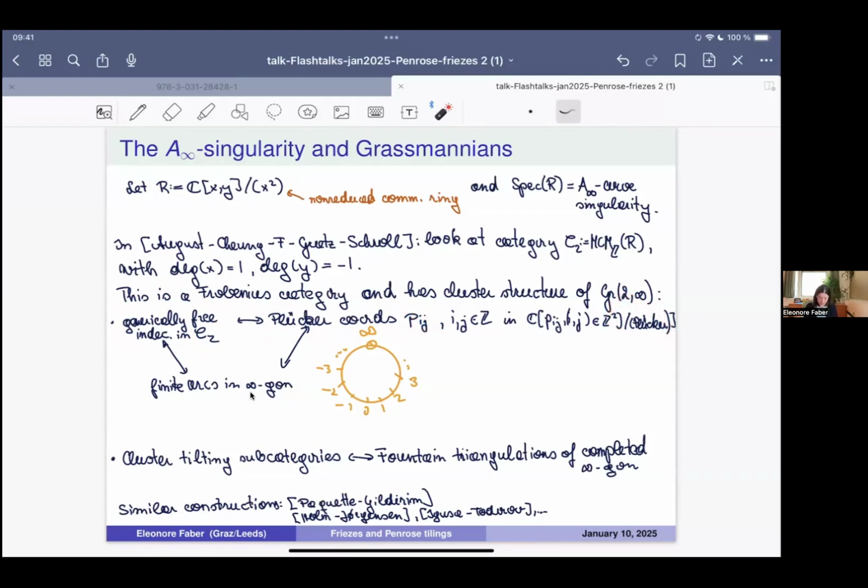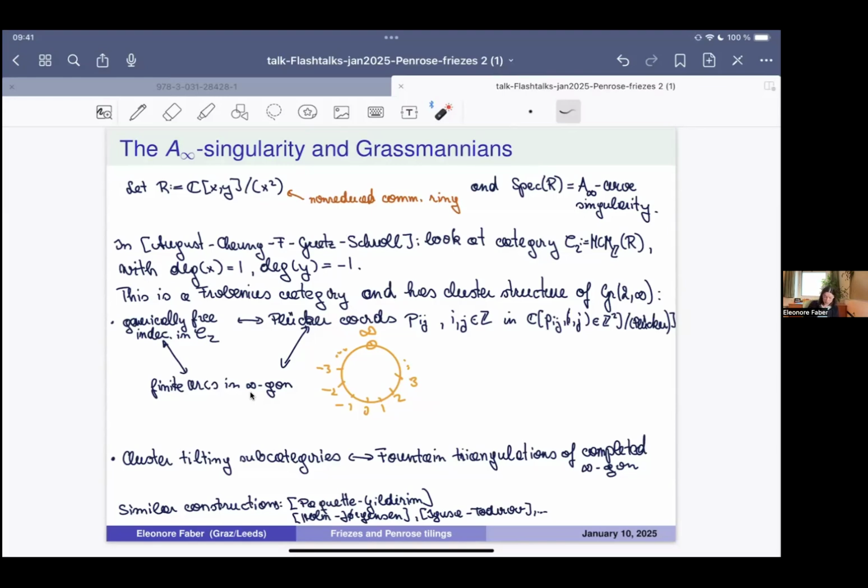You also get bijections to finite arcs in an infinity-gon. So that it's clear what I mean by an infinity-gon, we can visualize this on a circle, where the marked points are indexed by the integers, and we have one accumulation point.